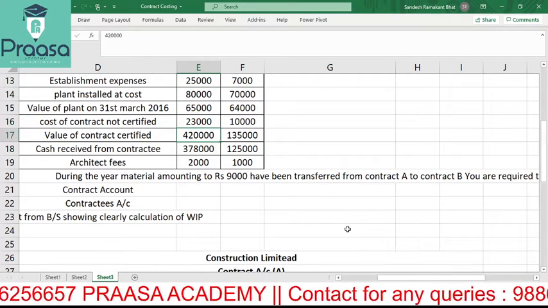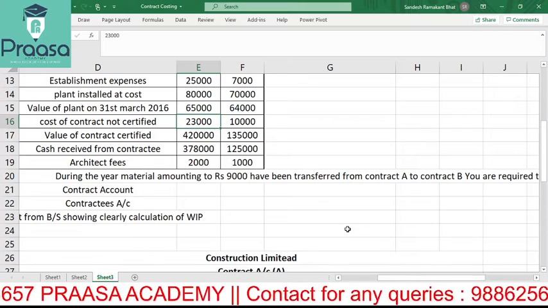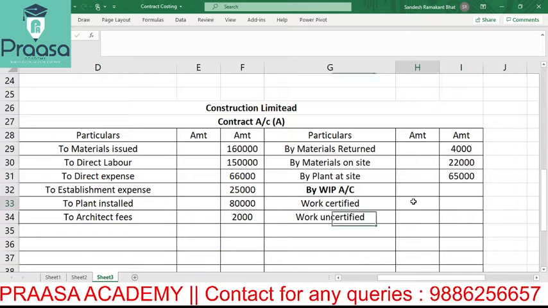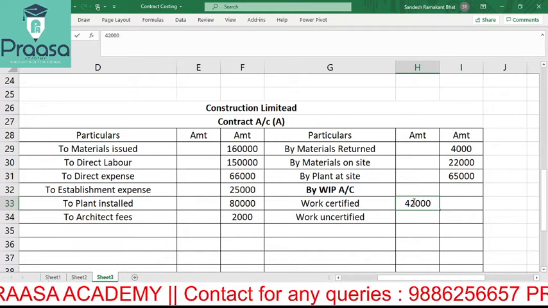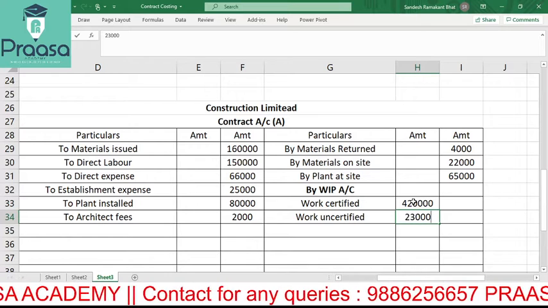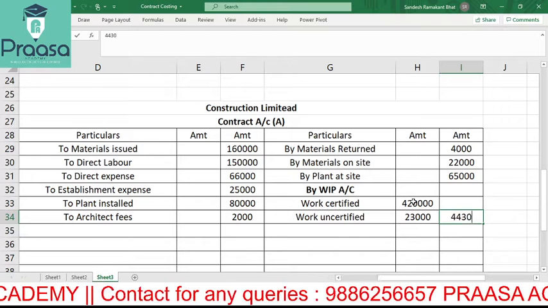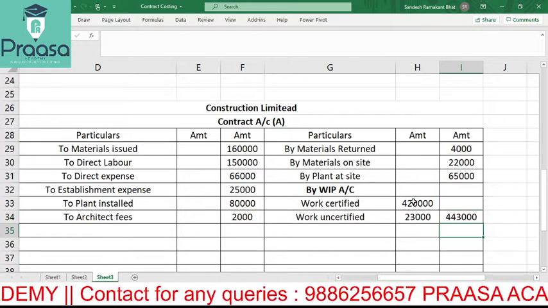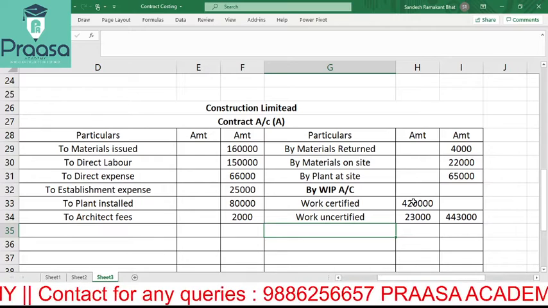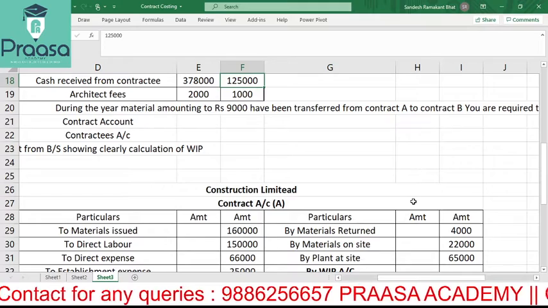Value of contract certified is 4,20,000. Cost of contract not certified is 23,000. I will consider both here. Put together it will be 4,43,000 in the outer column.